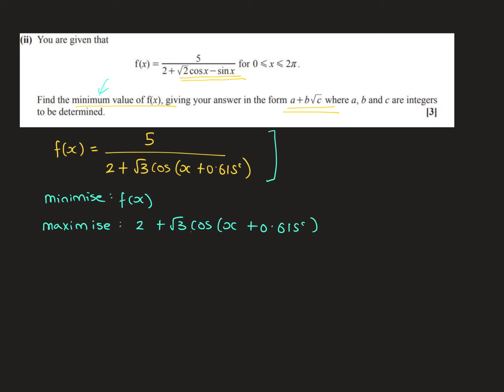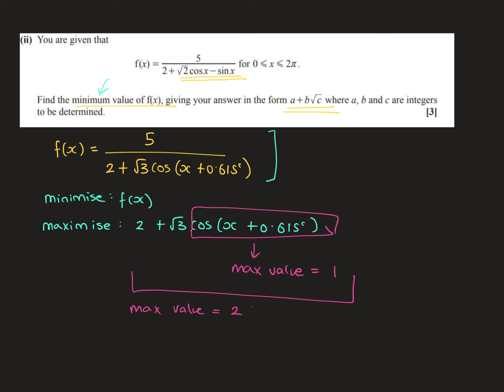Well, let's think about the maximum value of this part here. It's a cosine function, so its max value overall is equal to 1. It doesn't matter what the value of x is, cos of x plus 0.615 will always have a maximum value of 1. Now, that means that the maximum value of all of this is going to equal 2 plus root 3.